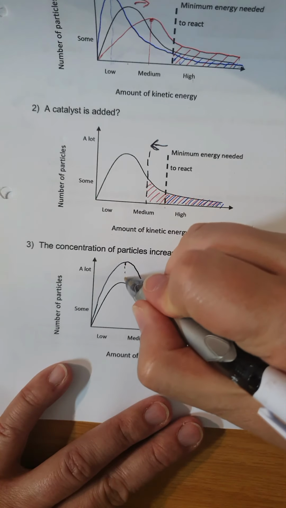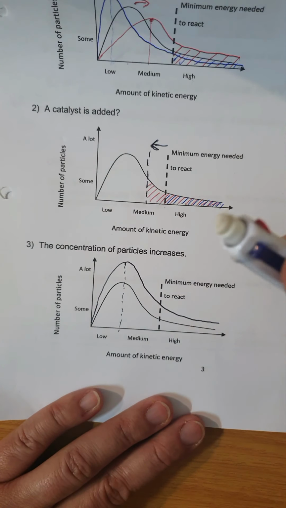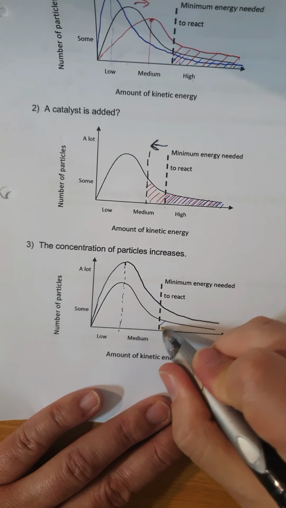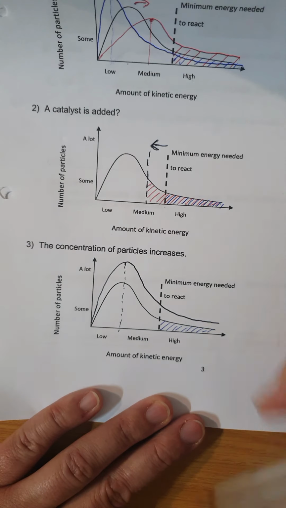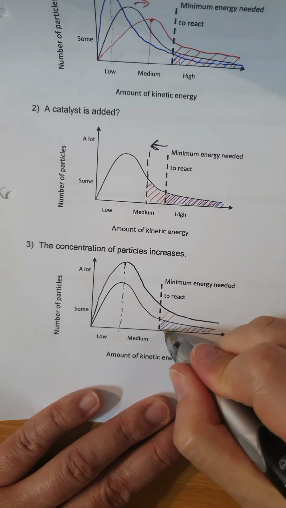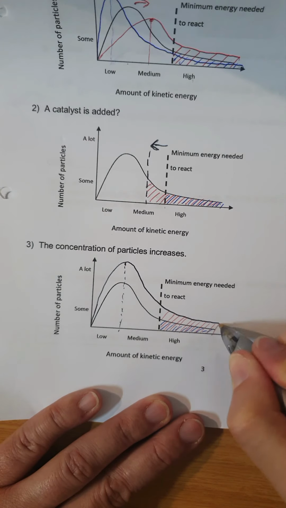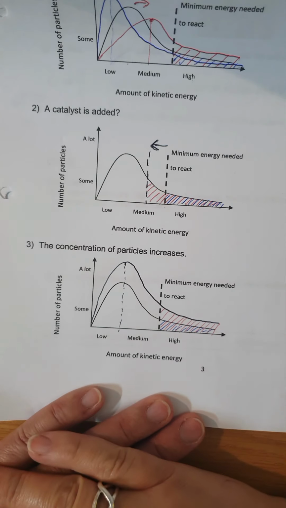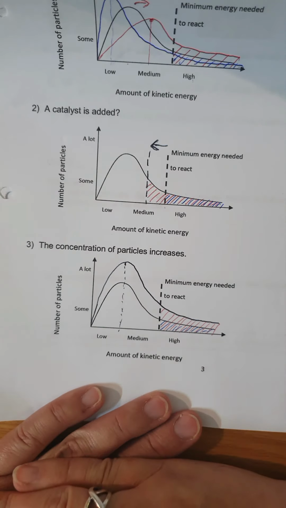You can see the peak is still in the same place. But instead of this only being the area, I now have this whole area. I have more particles that have the correct amount of kinetic energy compared to if I didn't have that. That is what happens when you increase the concentration.